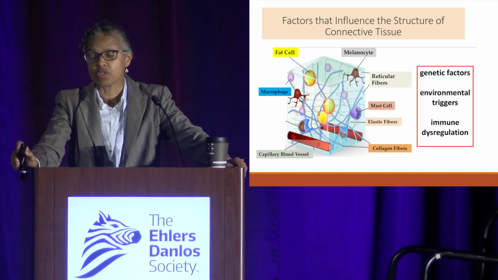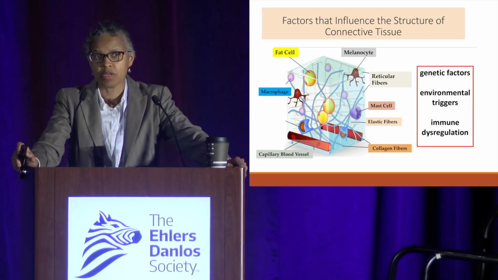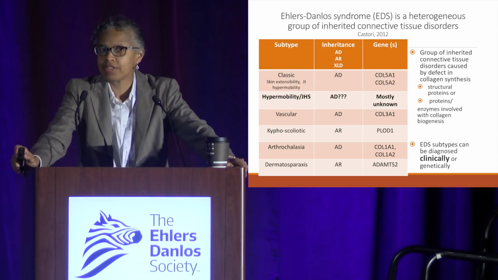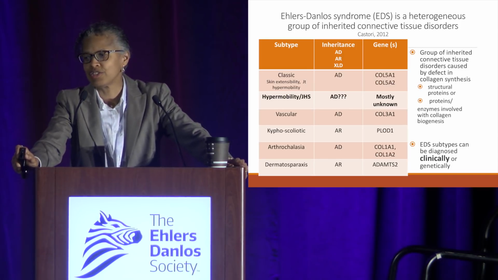And if you have immune dysregulation, you can actually cause changes in the connective tissue itself. We see this quite a bit in asthma, where ongoing inflammation can actually cause scarring of the lungs, which is essentially called fibrosis.